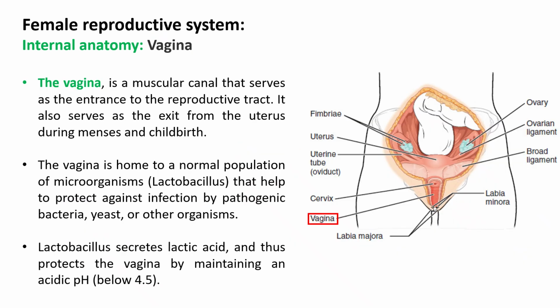Something that we did when we learned about the male reproductive system is that when we learned the internal anatomy, we started with the testicles and then epididymis, vas deferens, the glands, urethra, and then finally the penis. So we were following the way the sperm moves through the male reproductive system.